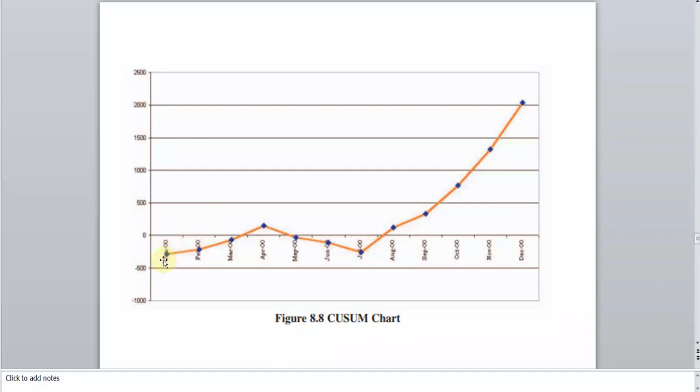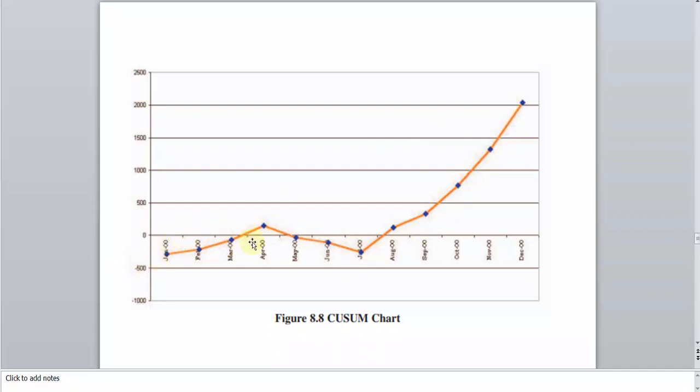For example, for the month of January it is showing below 0, then up to April it will rise. In the month of April it will be greater than 0, in the month of June again it will be less, and in the month of September again it will rise, and so on.